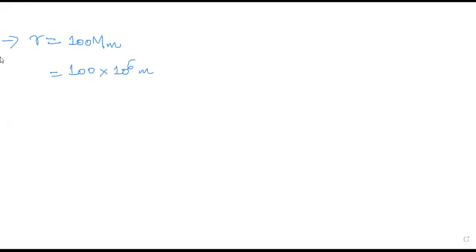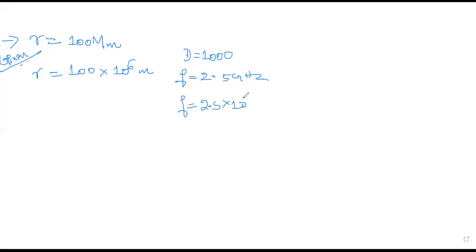Each has an antenna with D is equal to 1000 operating at 2.5 gigahertz.